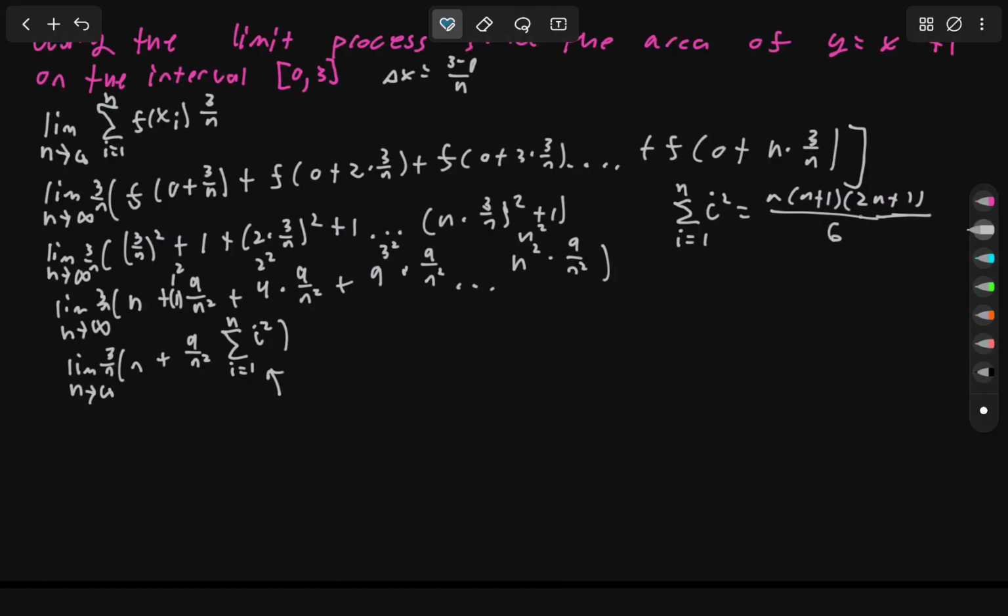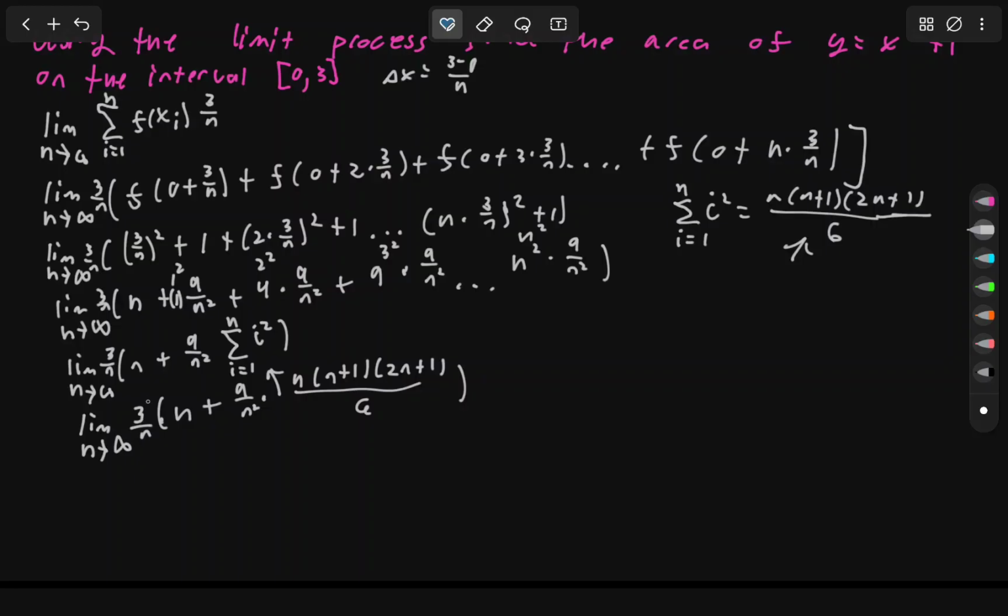So, we can substitute this into our limit. So we get the limit as n approaches infinity of 3 over n times 9 over n squared times n times n plus 1 times 2n plus 1 all over 6.